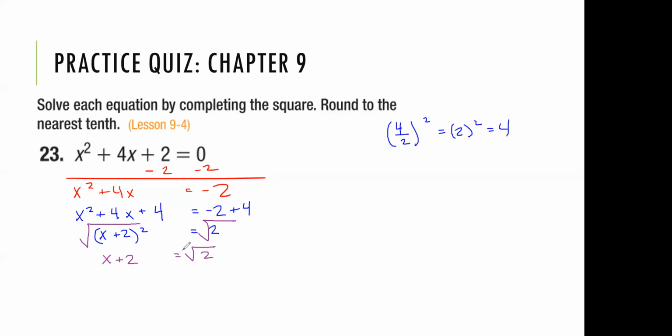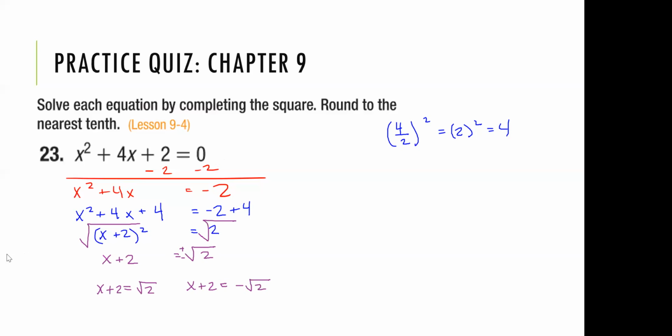It can equal the positive square root of 2 or the negative square root of 2. So I could write my answer as x plus 2 is equal to the square root of 2, or x plus 2 is equal to the negative square root of 2.